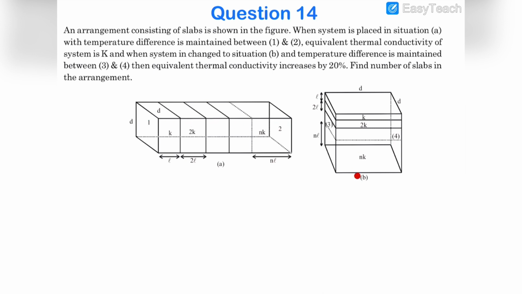And in this case, the temperature difference is maintained between 3 and 4. So they all would be in parallel because heat would be flowing like that. Okay, so it is given in the question that the equivalent thermal conductivity of the second case is 20% higher than the equivalent thermal conductivity of the first case.